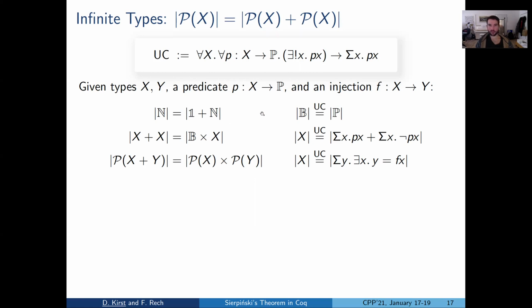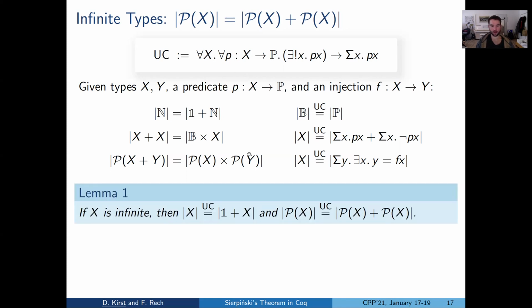But on the other hand, a lot of bijections are not definable in Coq right out. So here you would need unique choice and excluded middle that we assume anyways, for instance, to show that Booleans and propositions coincide. And now it is possible to just generate enough of these bijections to conclude the lemma that we used before by pure equational reasoning.